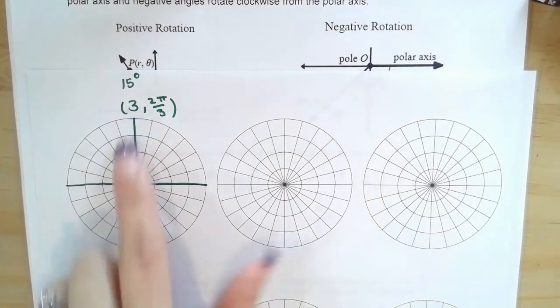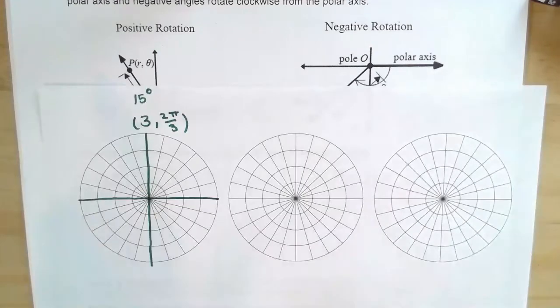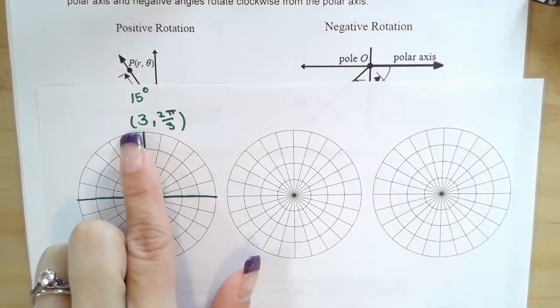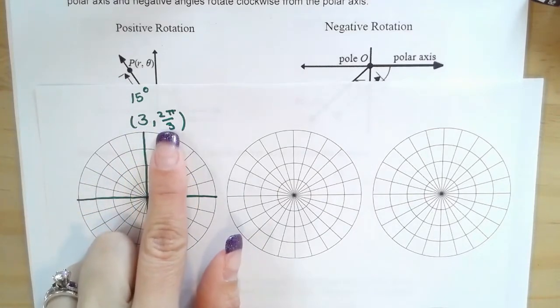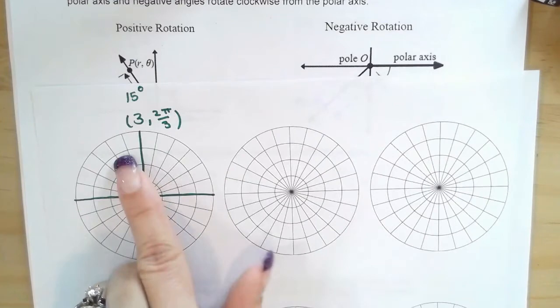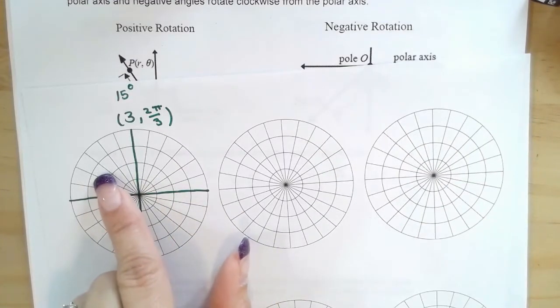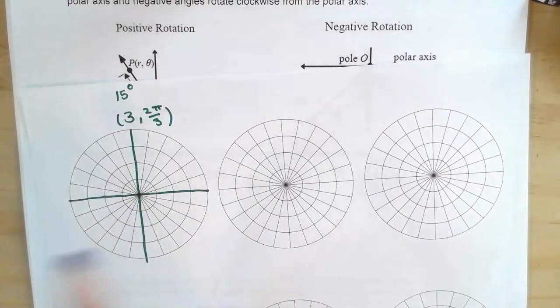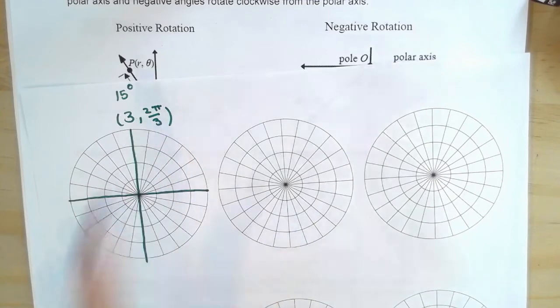You can do the 3 first by going out 3 and then doing your degree, but you'll find that in future questions, you're going to want to actually do the degree first and then move out. So when we do our degree or our theta, we're going to do that first according to 0. We're going to move to that angle, and then we're going to move outwards how many our r is.